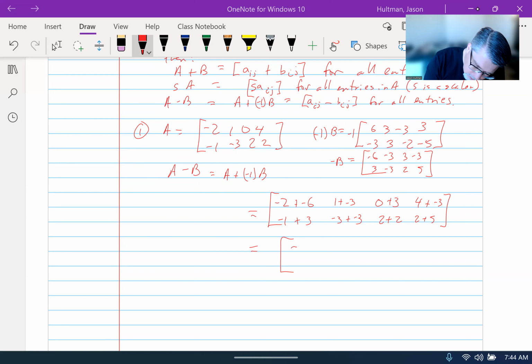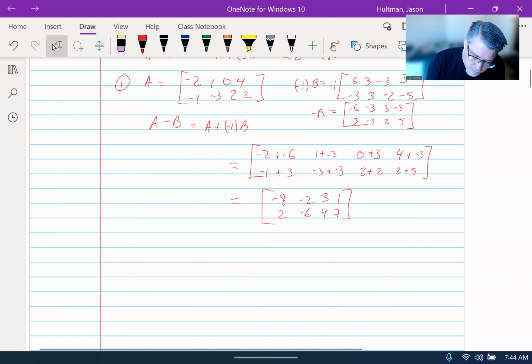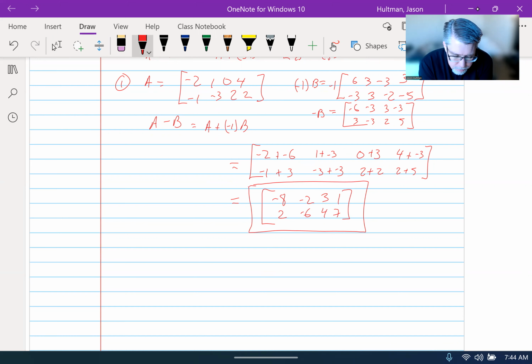So -2, -6 is -8. 1 and -3 is -2. 0 and 3 is 3. 4 and -3 is 1. -1 and 3 is 2. -3 and 3 is -6. 2 and 2 is 4. And 2 and 5 is 7. Okay, so we successfully subtracted those two matrices. Got a matrix of the same size, same number of rows, same number of columns, same dimensions.